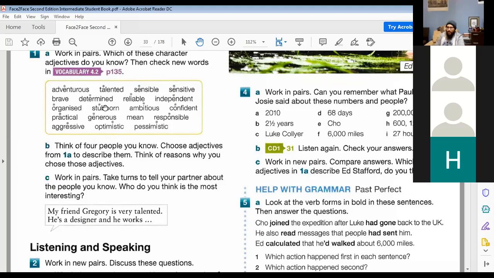Okay, I'll start. I'll give you an example of a person I know. I can say, okay, I know a friend and he's very independent. He refused to work for anyone.